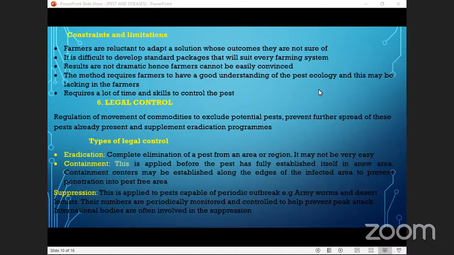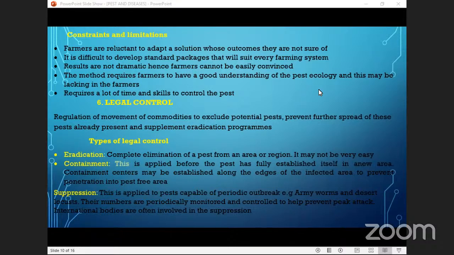And then there is containment. This is applied before the pest has fully established itself in a new area. Containment centers may be established along the edges of the infected area to prevent penetration into the pest-free area.